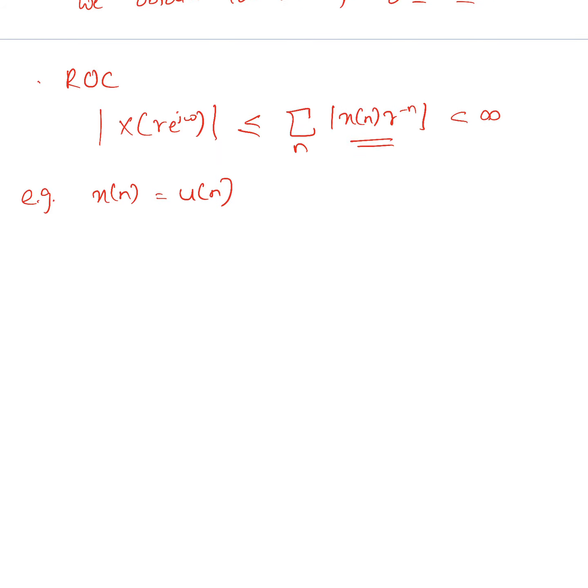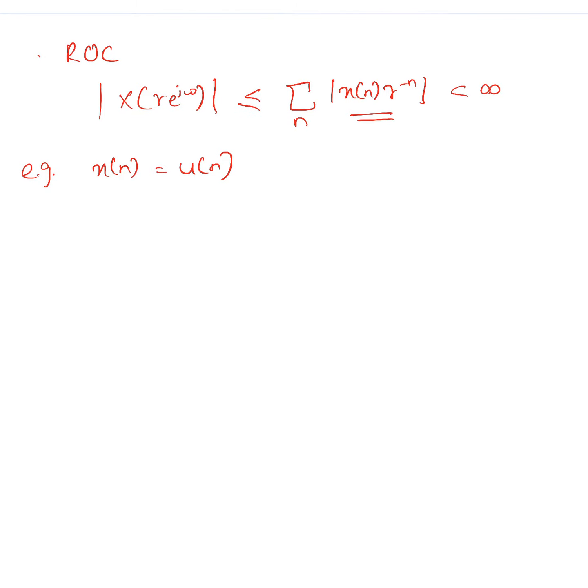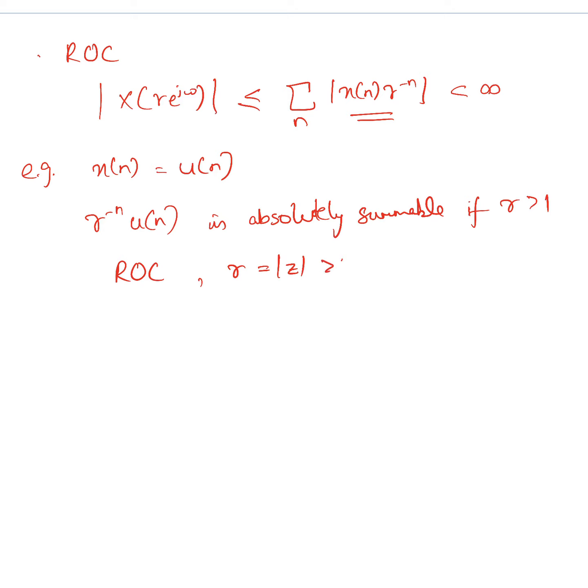So here what we want is that r raised to the power minus n times u of n is absolutely summable if you have r greater than 1. So for this example, you will get the ROC defined as mod of Z greater than 1. So only for this ROC, where you have mod of Z greater than 1, your Z transform will exist.